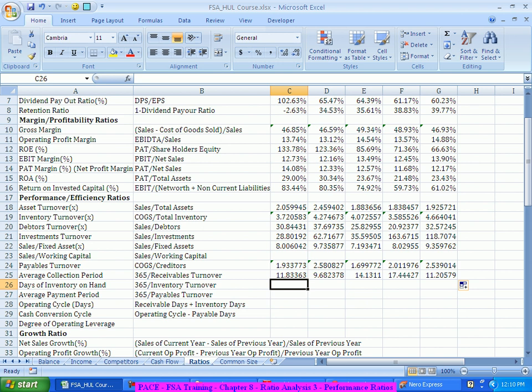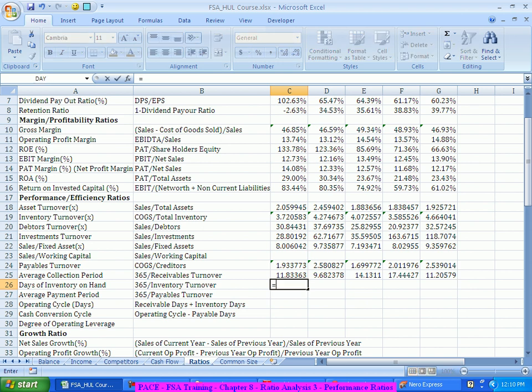It can come as raw material, it can come as a semi-finished good, or it could be my finished good itself. Anything, on an average, how many days it is lying as a part of my inventory before getting sold. Right? That is what is the days of inventory on hand, which will come out as 365 divided by your inventory turnover ratio.